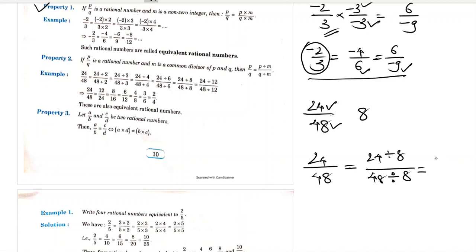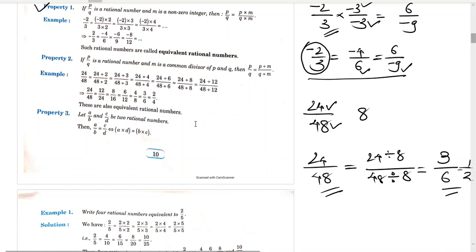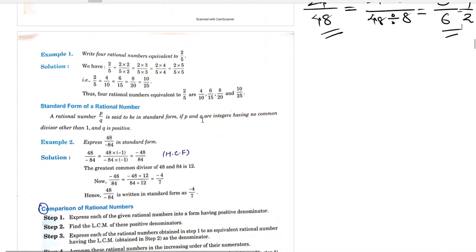Still the answer will be equal to the original number. What is 24 divided by 8? 3. What is 48 divided by 8? 6. Right? So 24 by 48 is nothing but 3 by 6. Or if I further divide it, it gives me 1 by 2. So they all are the same. If you multiply or divide the same number in the numerator and denominator, you get equivalent rational numbers.